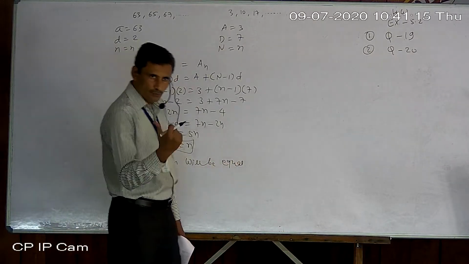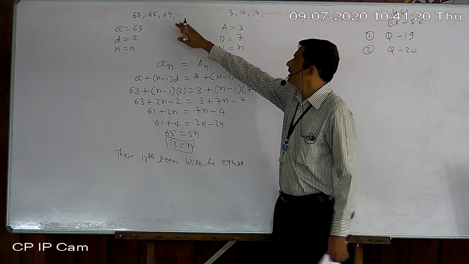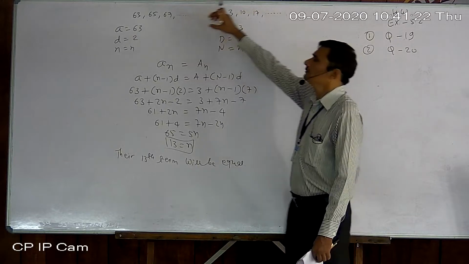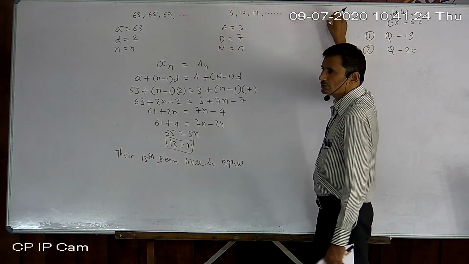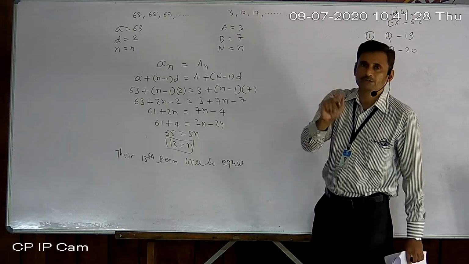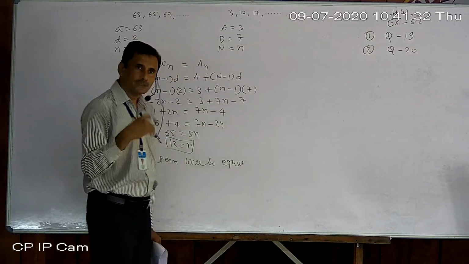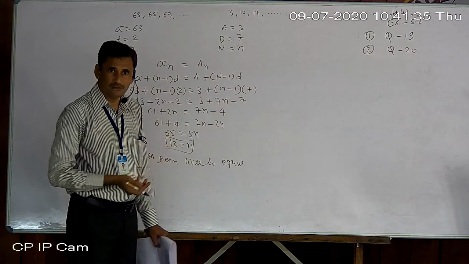Both will be equal at the 13th term. You can verify also. Just extend this AP and this AP also. There both ones' 13th term will be 100% equal. This is for verification, so that you can understand the question well.